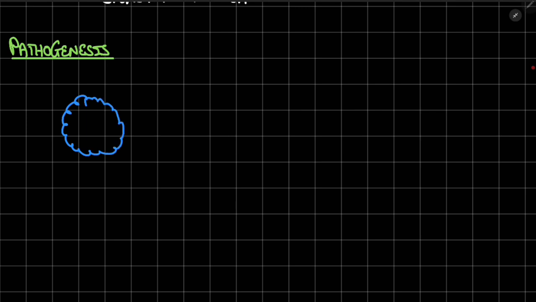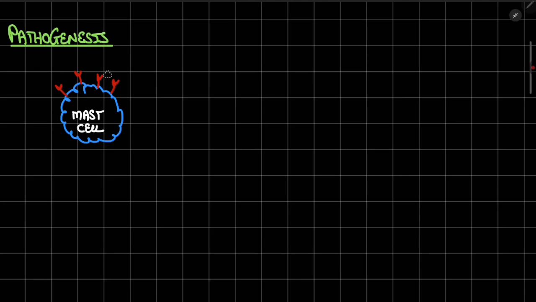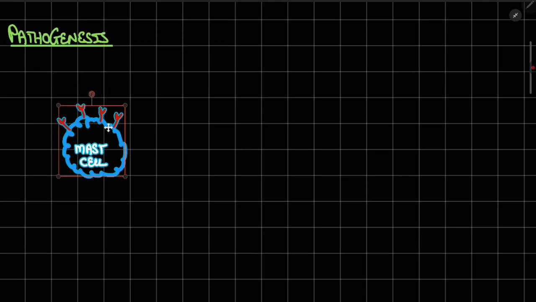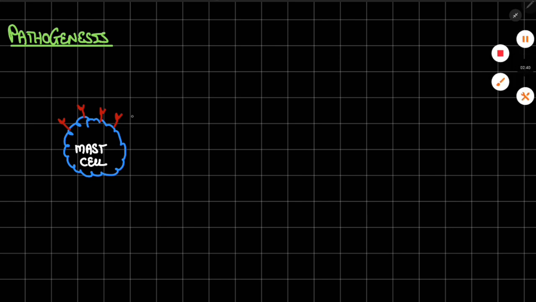This is the mast cell, and these Y-shaped structures are IgE, not receptors, basically IgE.